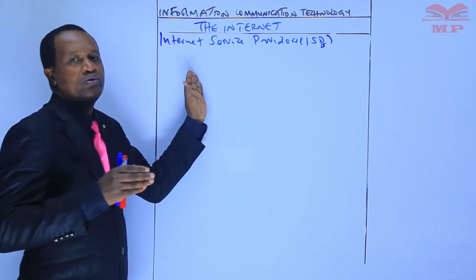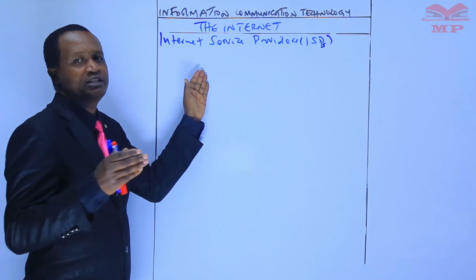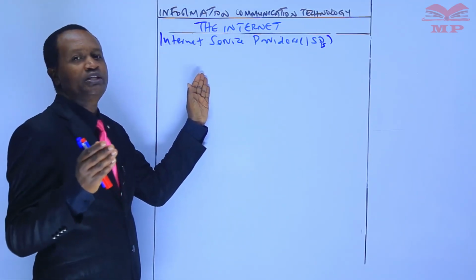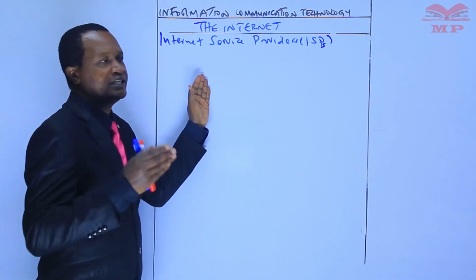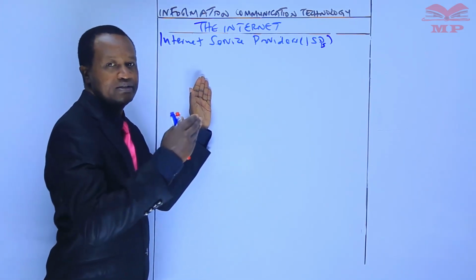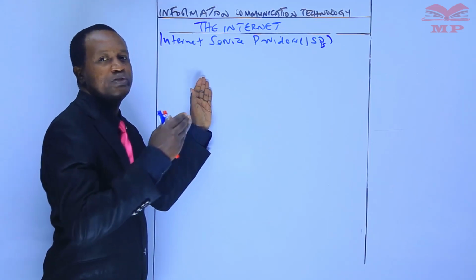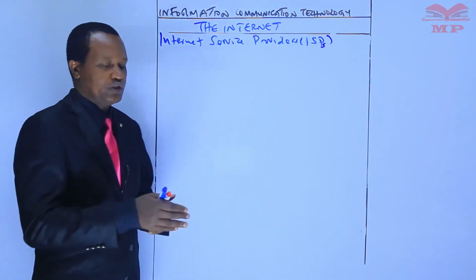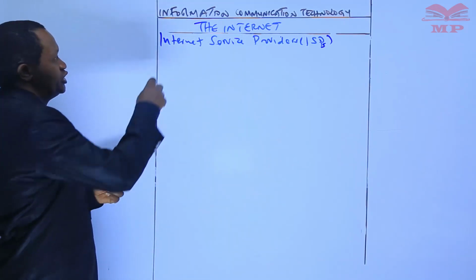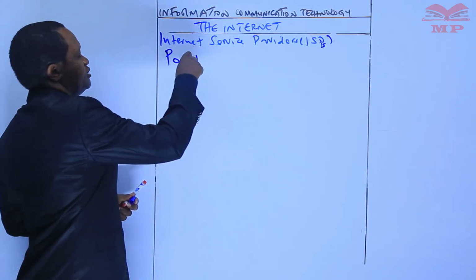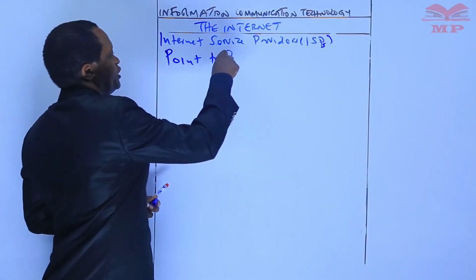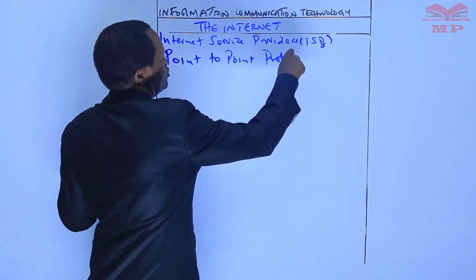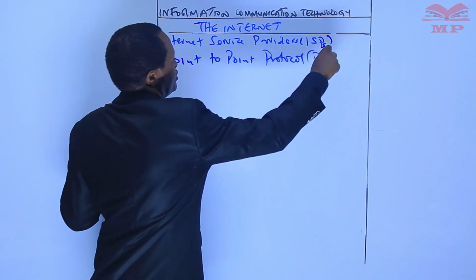So how does the internet service provider connect one to the internet? Now, when you are connected to the internet through the internet service provider, communication between you and the internet service provider is established using a simple protocol called the point-to-point protocol, the PPP.